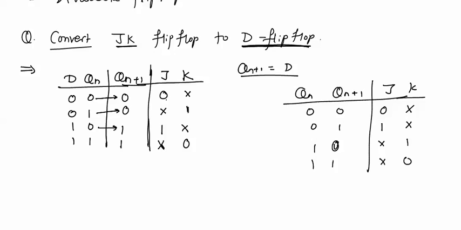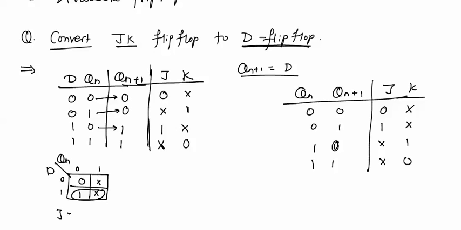Now we'll solve for J and K. Zero cross 1 cross. First we will solve for J. Only one pair.